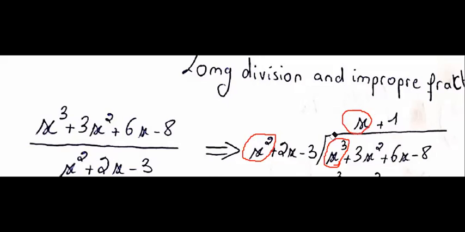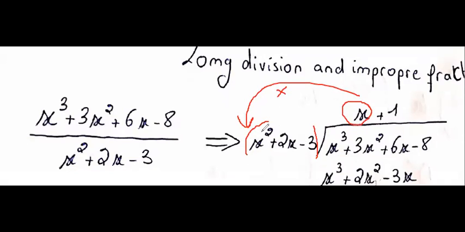Then what we do is that we multiply all of this by x. So we multiply x squared plus 2x minus 3 by x. So we will get x multiplied by x squared, x cubed, x multiplied by 2x, 2x squared, and x multiplied by minus 3, minus 3x.